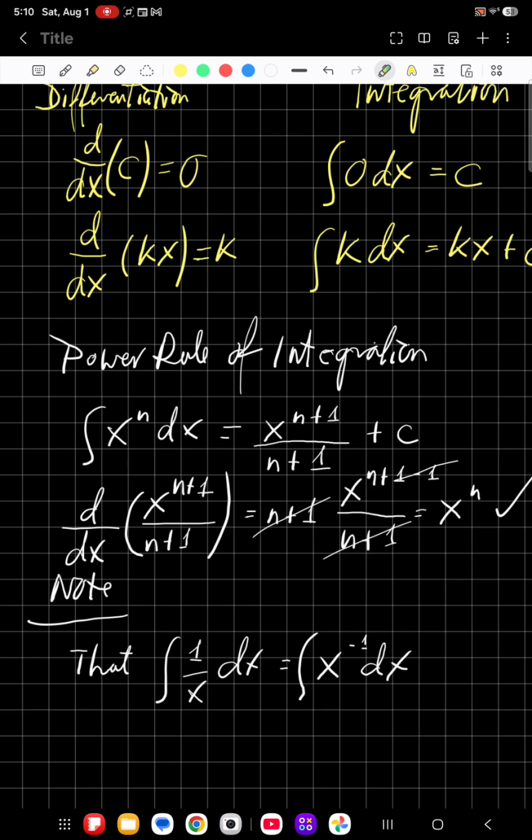So what does that rule say? First, I'm adding 1. So I go x to -1 plus 1, and this exponent goes in the denominator.